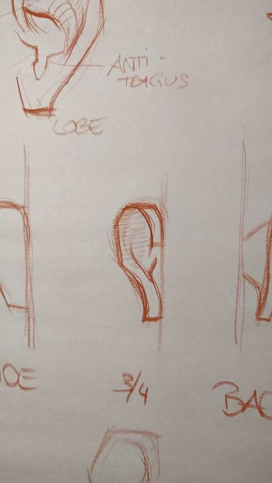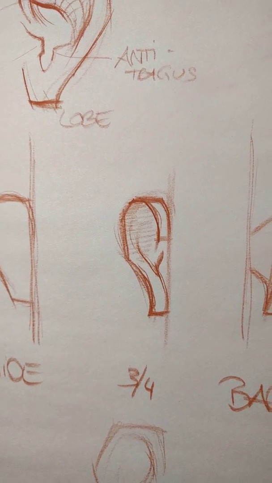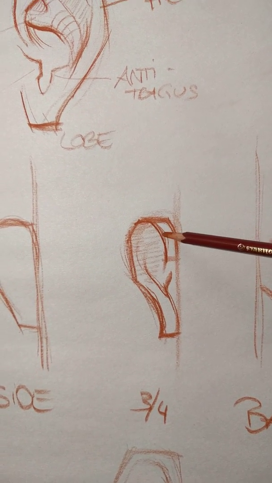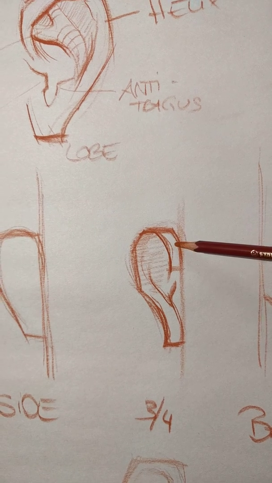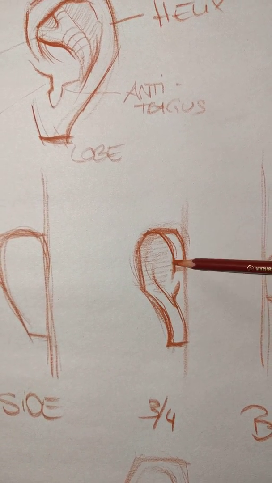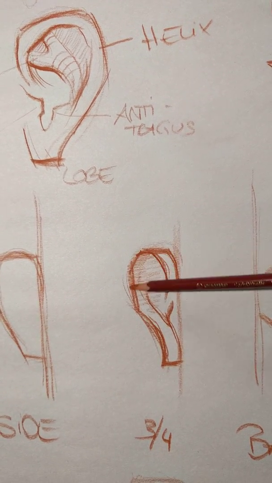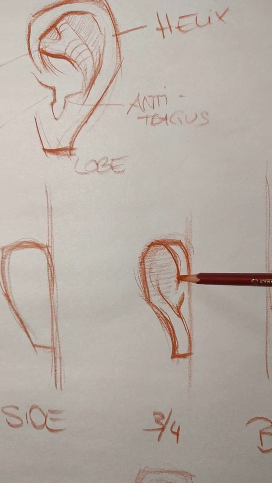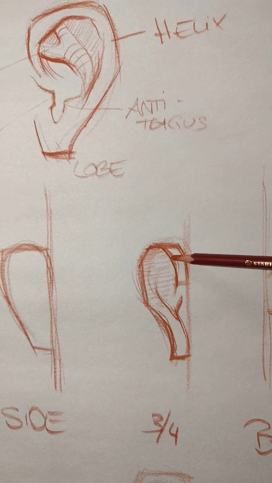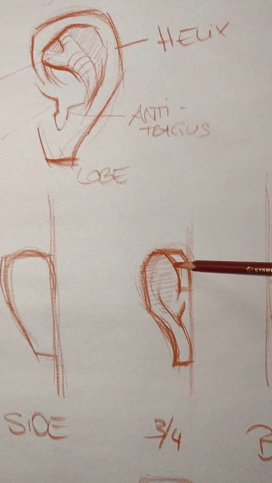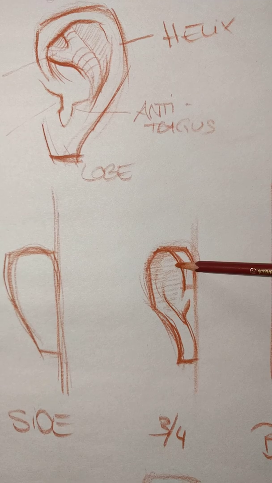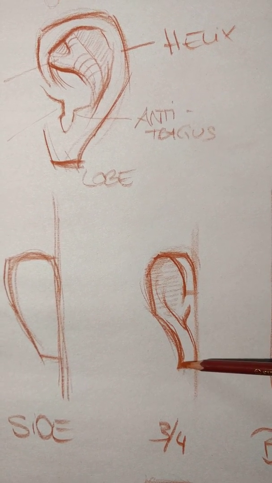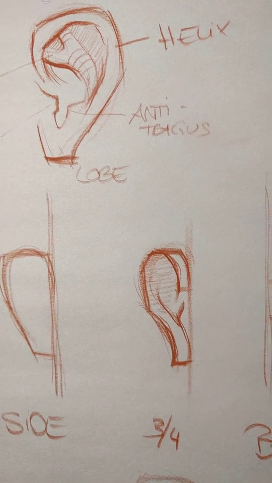From a 3/4 point of view, what we want to translate is that there's a plane that's facing us, and then there's this plane that's facing to the side of the room. And we need this line here. This is a plane change, right? This plane is facing towards us. This plane, that broader plane of the ear, is facing away from us. So that's what we want to think about, finding this plane change.